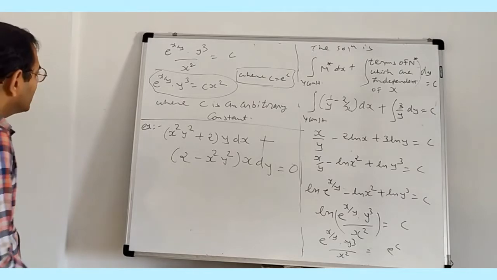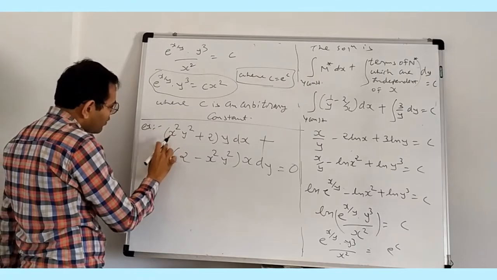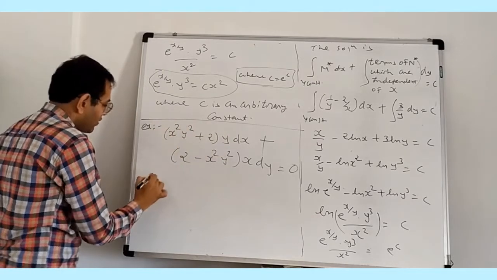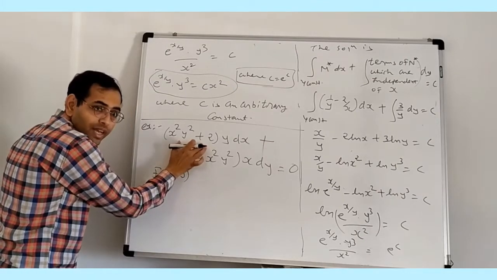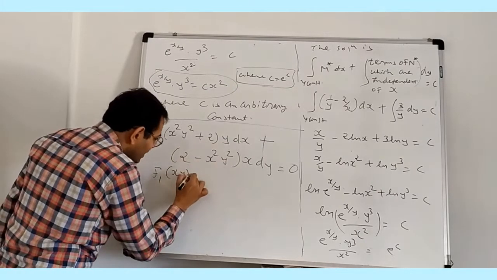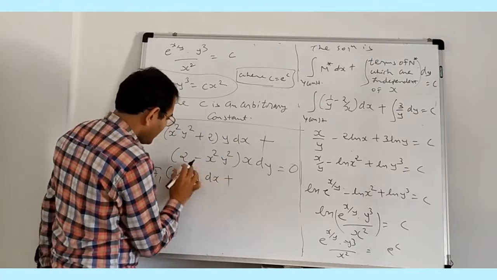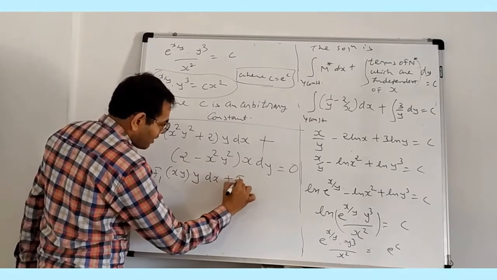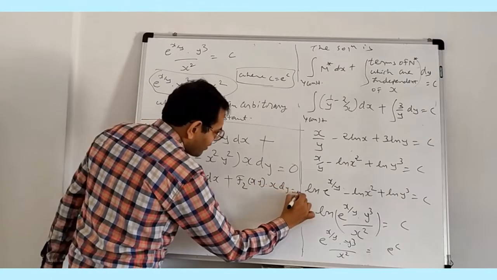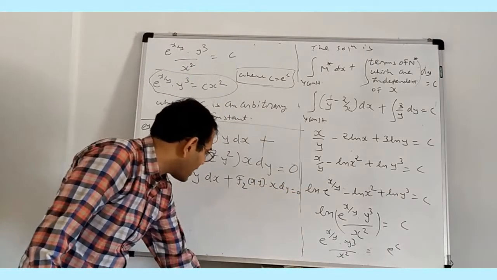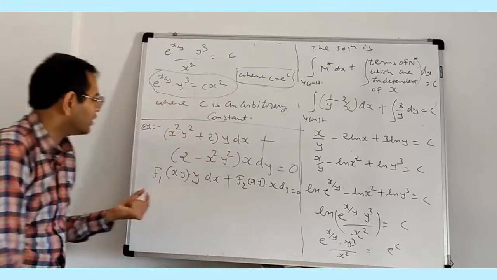In this example, this form is f1 of xy, which is multiplied with y dx, and this function is f2 of xy, which is multiplied with x dy equal to 0. Then we can say that in this example we use case number 4.